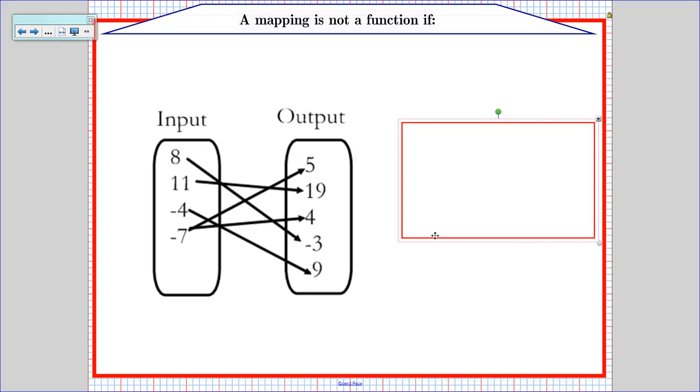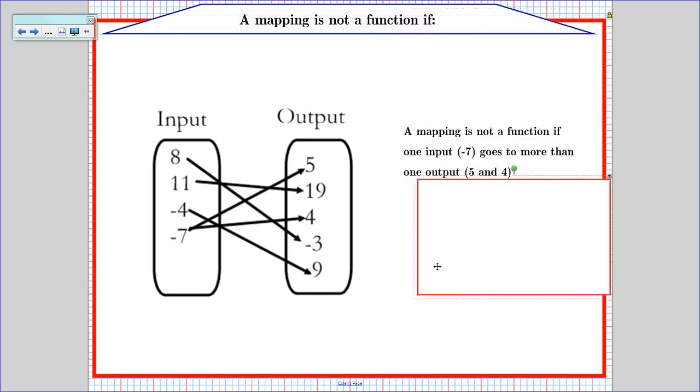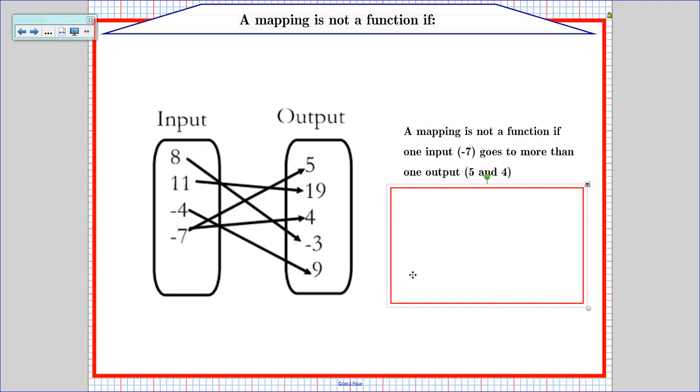All right, this mapping is not a function because one input goes to more than one output. When you talk about this, you want to use the language, this mapping is not a function because one input, -7, goes to more than one output, 5 and 4.